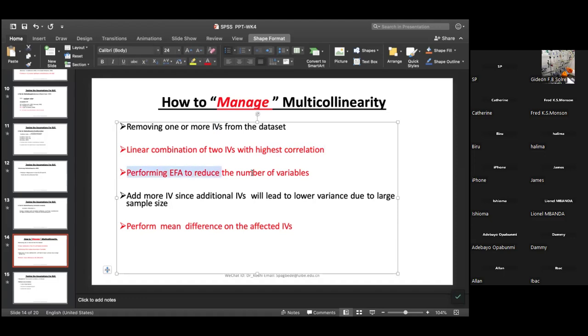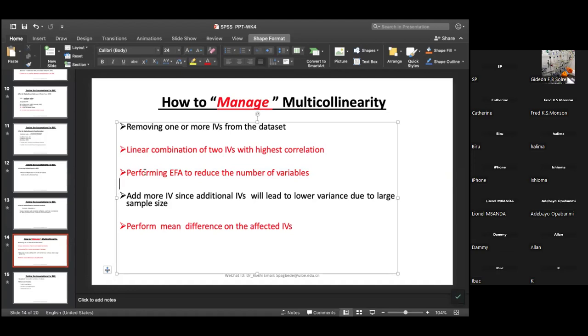A very, very effective way of doing that is also to perform EFA, which is exploratory factor analysis. I think about 2 weeks ago, we discussed how to do that. And we did mention that exploratory factor analysis is a dimensionality reduction technique in which you're able to reduce many factors that are presumed to influence an outcome variable into a smaller or parsimonious set of variables that meaningfully explains the response variable.